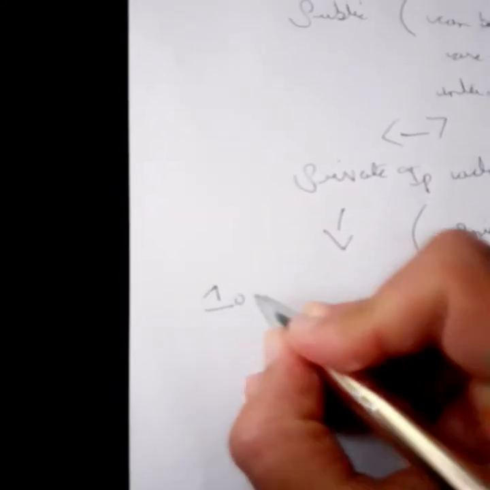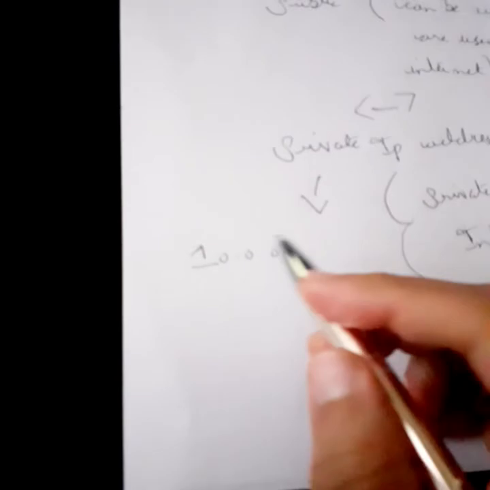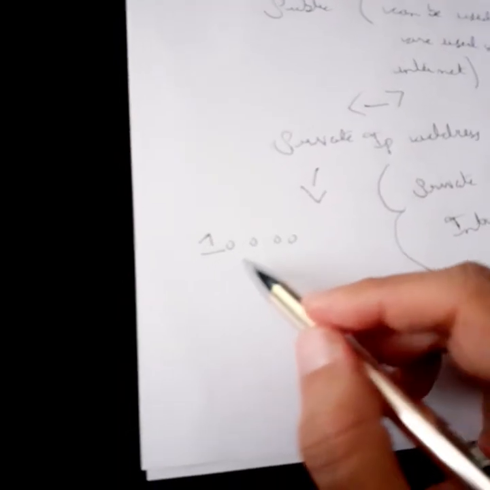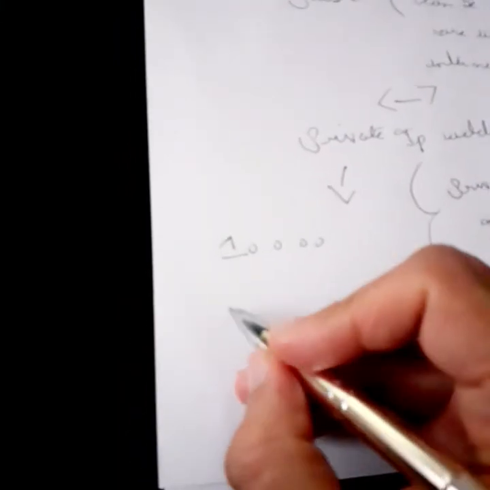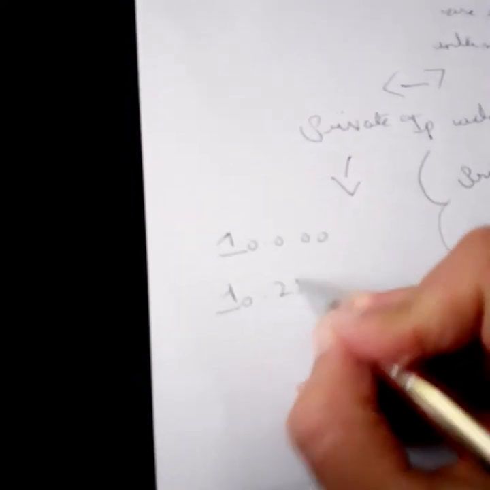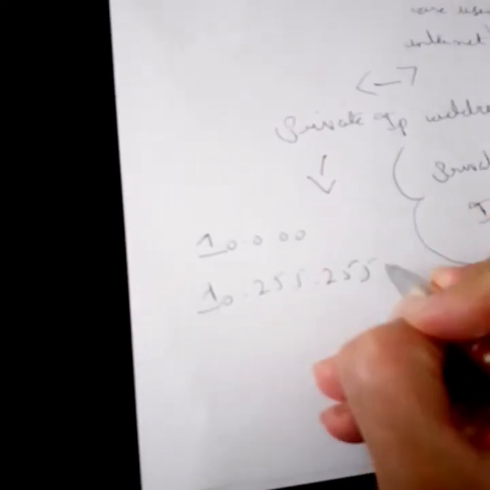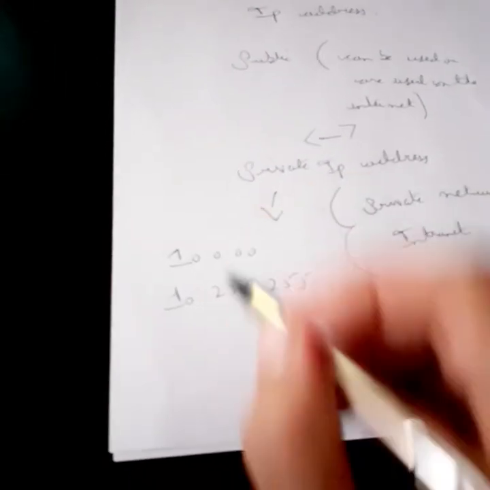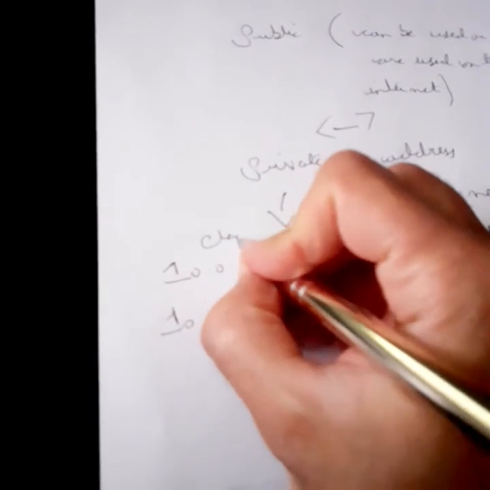For class A, that's a class A, starting with 10. That will carry on till 10.255.255.255. So remember, this is for class A.